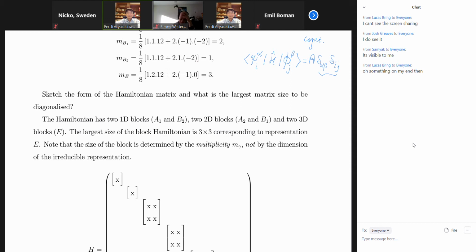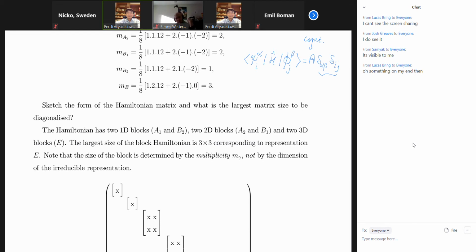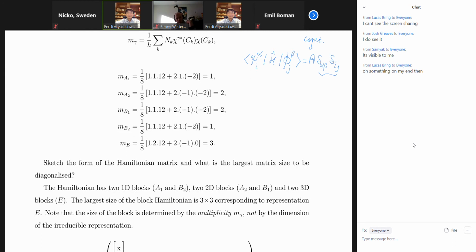Even if beta is equal to alpha, the Hamiltonian is diagonal in the representation alpha. However, we see that we have several irreducible representations appearing more than once. We look at this 2 here, it appears twice, and this appears even 3 times.